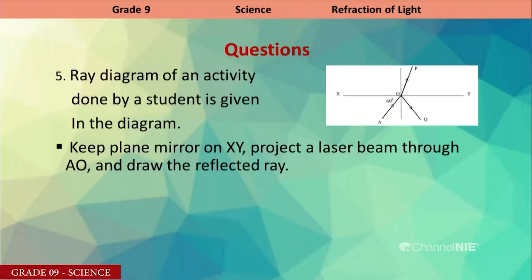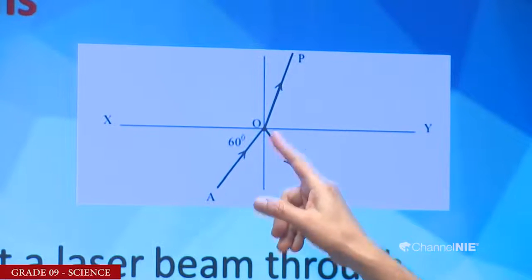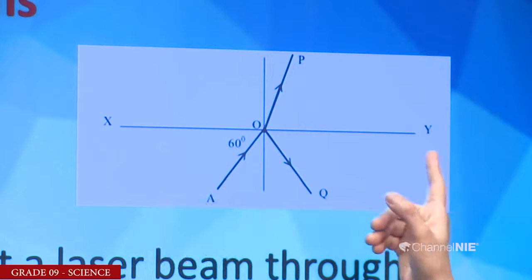What he did was, he kept a plane mirror on XY. So, he projected a laser beam like this on the line AO and drew the reflected ray.